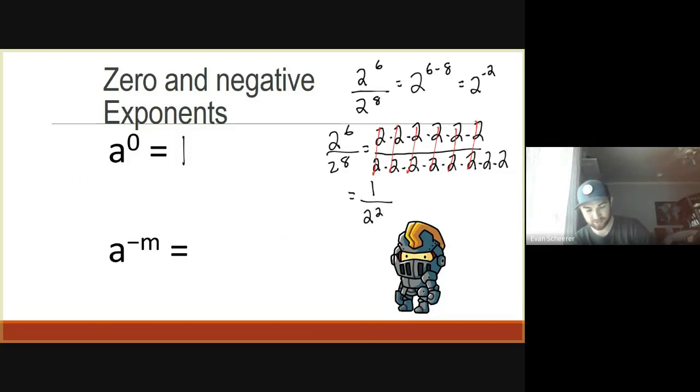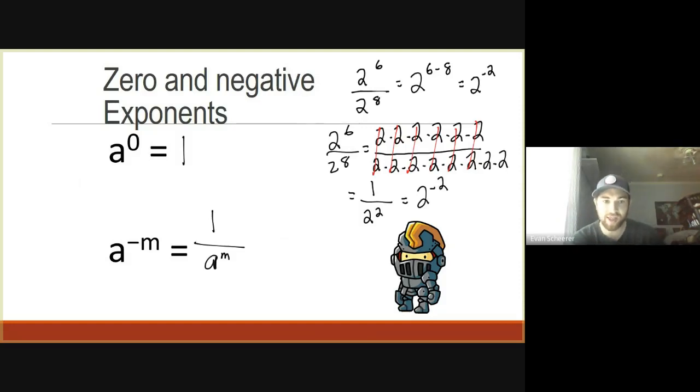So notice, 1 over 2 squared equals 2 to the negative 2 power. So a to the negative m is always 1 over, and then you just change the sign and put a to the m power.